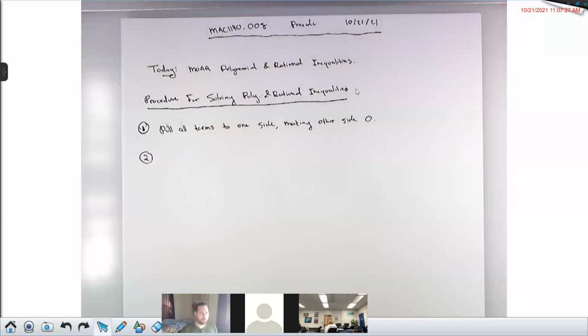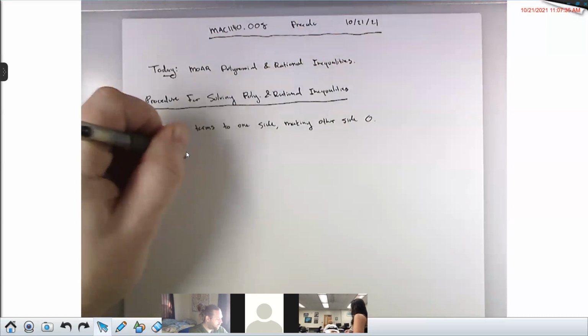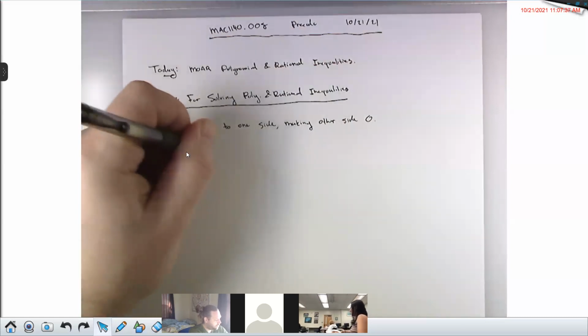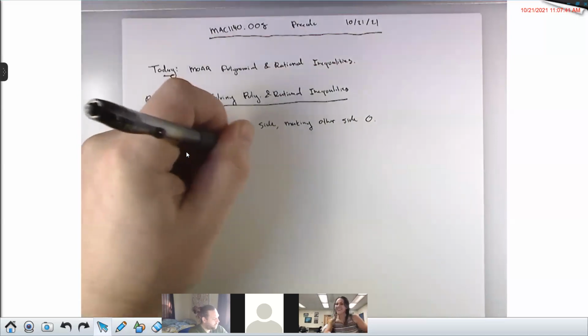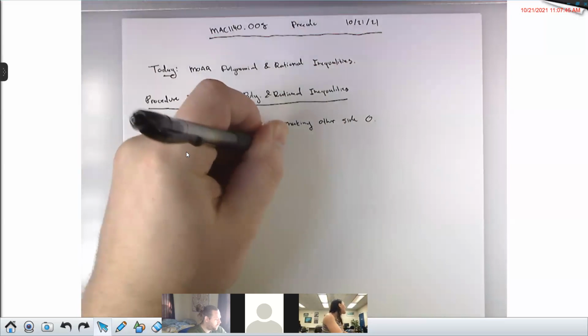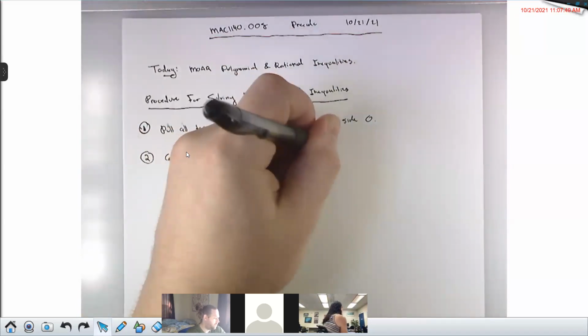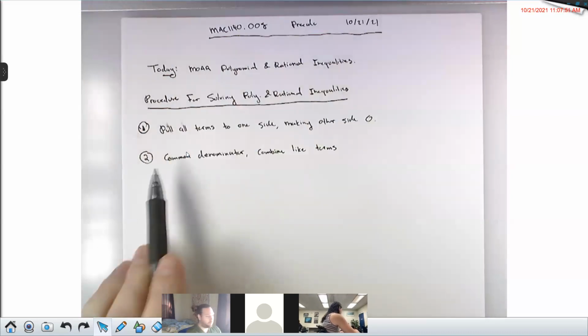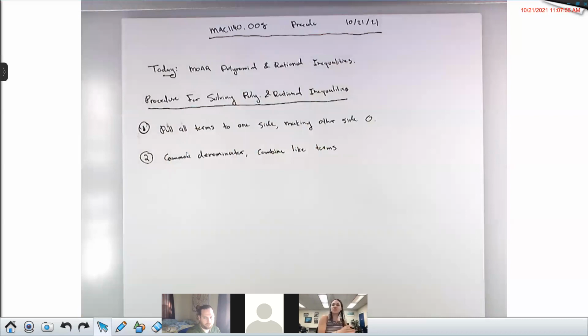If it's just a polynomial inequality, you don't. But if you have a rational inequality, you need to have a common denominator. And then combine like terms. So after step 2, you should have everything on one side and all of your like terms together.